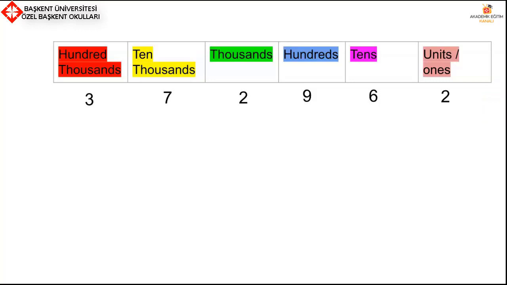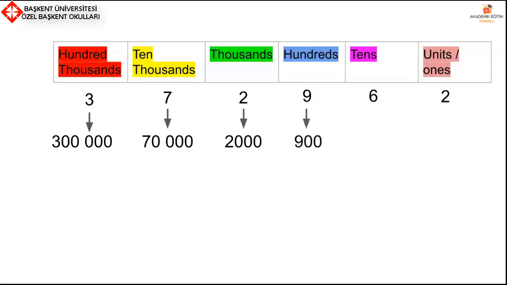So let's look at this number, 372,962. What we're going to look at is what each digit actually means. The 3 actually means 300,000. The 7 tens are 70, so in this case it would mean 70,000. The 2 is 2,000. How many hundreds? 900. 6 tens are 60.